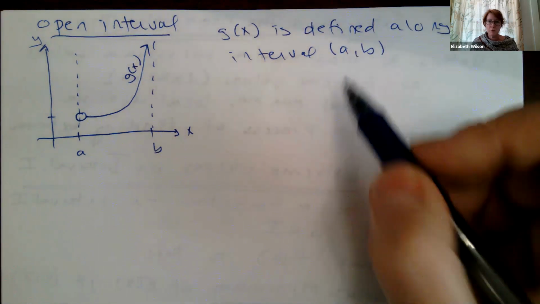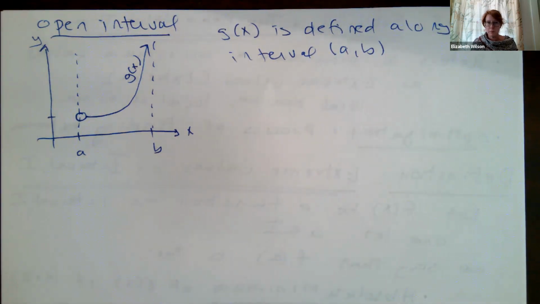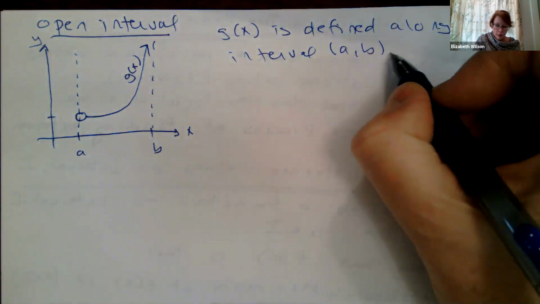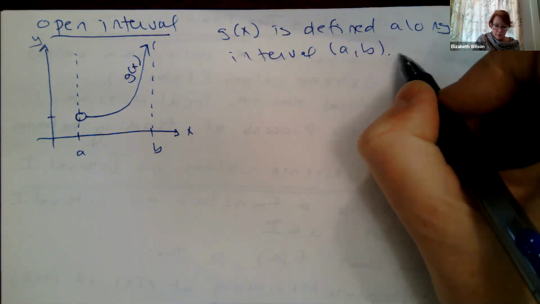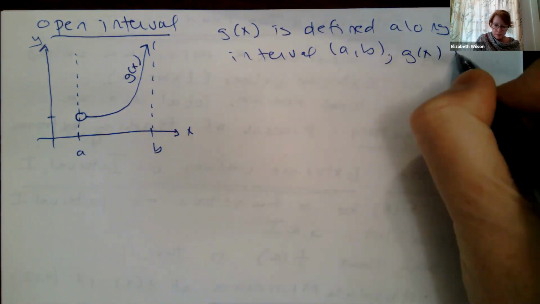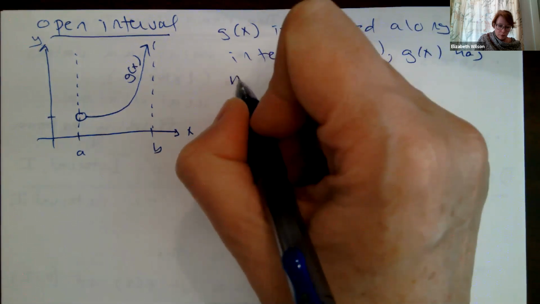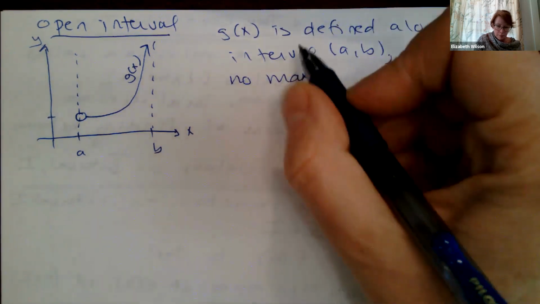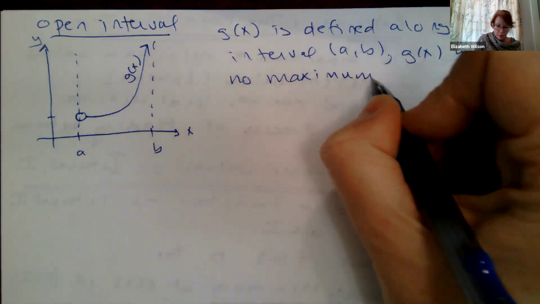Our brackets are smooth, so that basically means that we're not going to include a and b. g of x has no maximum value.